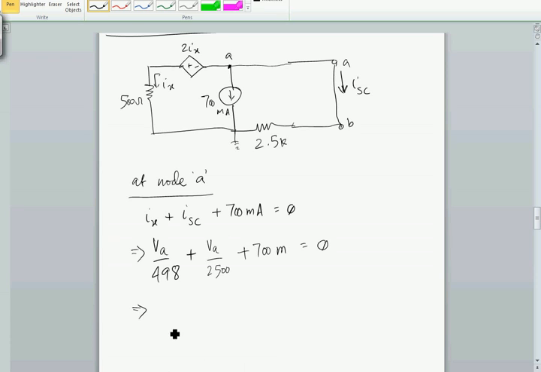That means VA will be equal to 700 milli divided by 1 over 498 plus 1 over 2500. Okay. Let's do this. That's going to be negative 700 because we're going to take 700 on the other side.